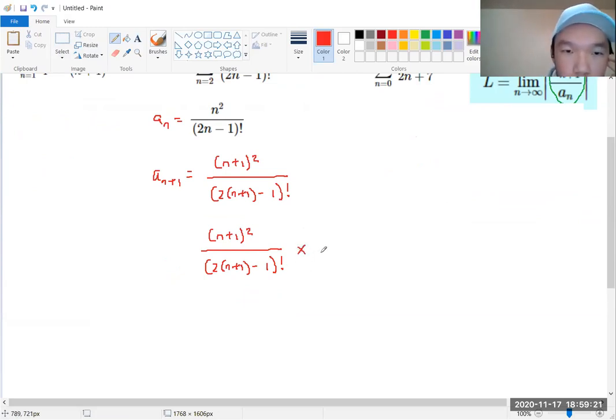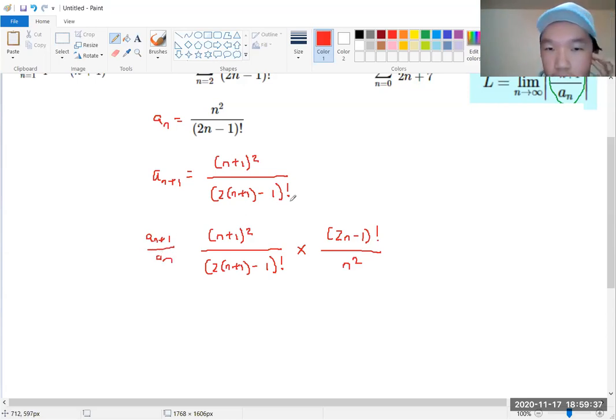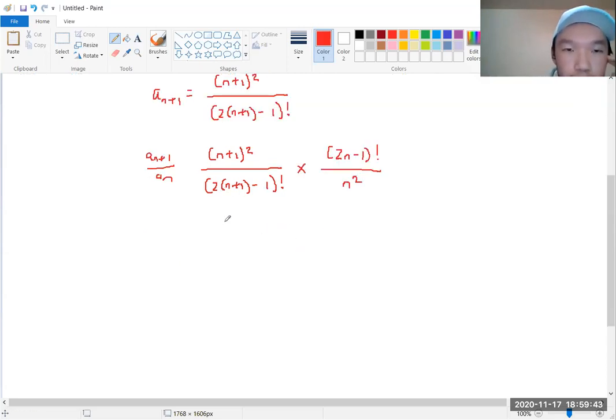So times 2n plus 1, or 2n minus 1 factorial over n squared. Okay, so the goal is always the same. You want to simplify this as much as you can until you can take the limit. So let's see what simplifies.